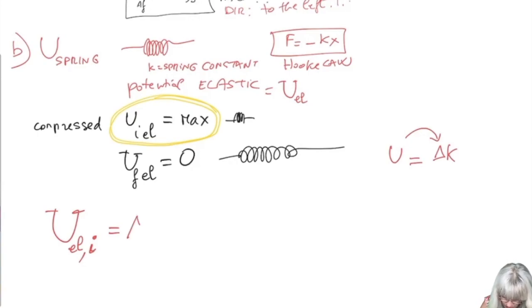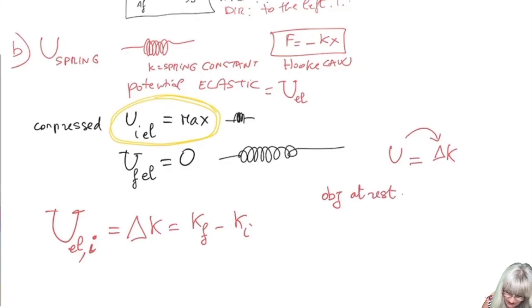So I'm gonna do equal delta K, which means kinetic energy final minus kinetic energy initial. Unfortunately, or good for us, you remember those two objects initially are at rest, right?